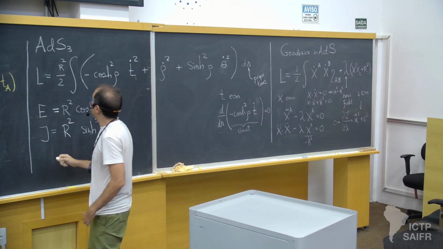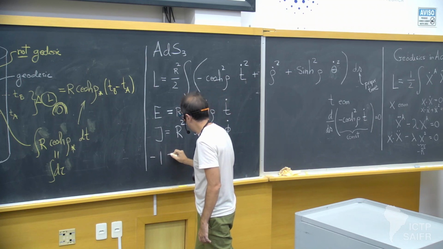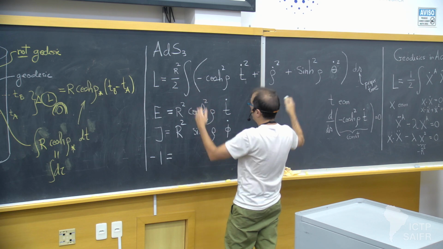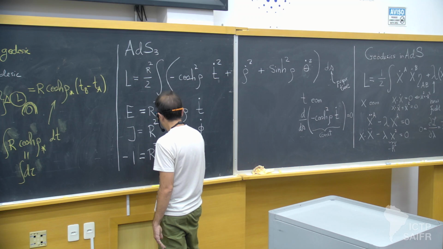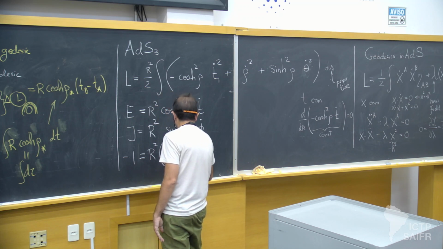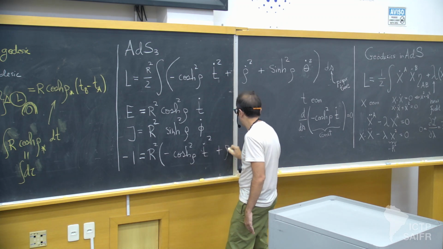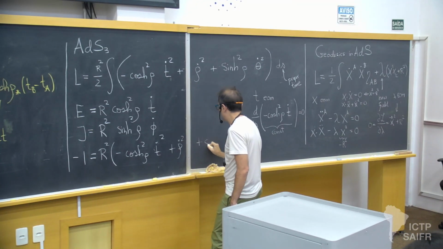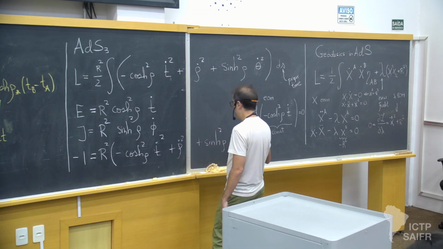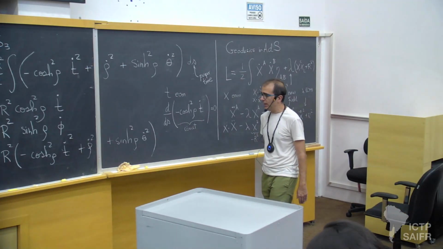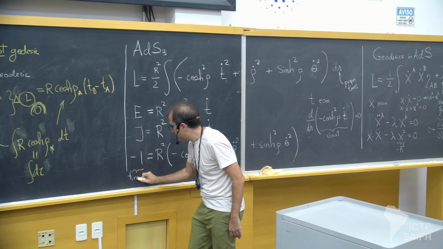And therefore, we would get that -1 is equal to whatever is here, to all this thing, to r square times minus cosh square of rho t dot square plus rho dot square plus sinh square of rho theta dot square. That was the condition that the velocity was well normalized, and I picked the -1 here because I want to study time-like geodesics.